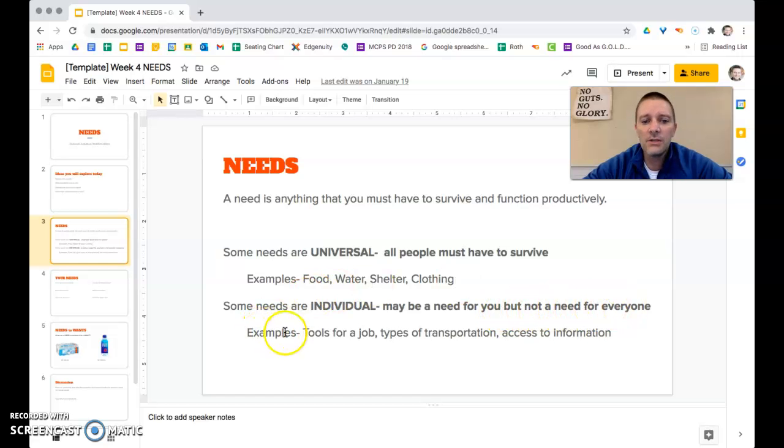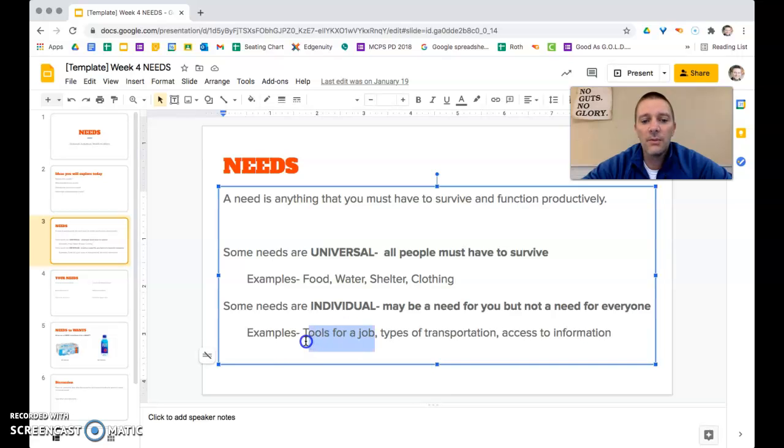So some examples are like tools for a job, types of transportation, and access to information. Think about if I'm a carpenter, somebody who works with wood, if I don't have hammers, saws, things like that, I'm not going to be able to function in my job. Now, I won't die without those, but if my job is what I use to provide these needs up here, then I need these tools so that I can function in my job.